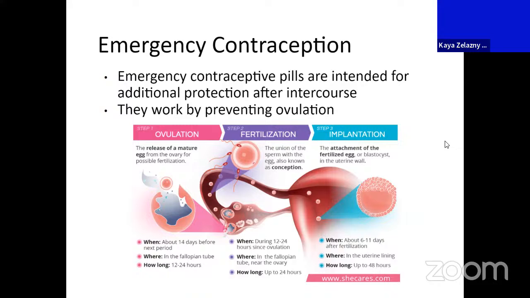So emergency contraception is usually still in the form of a pill, still a hormonal method. Basically it works the same, actually. So what's going on with the emergency contraceptive pill? The main thing it's doing is not attacking a fertilized egg.